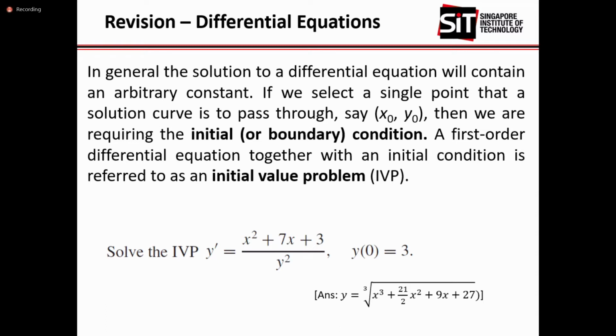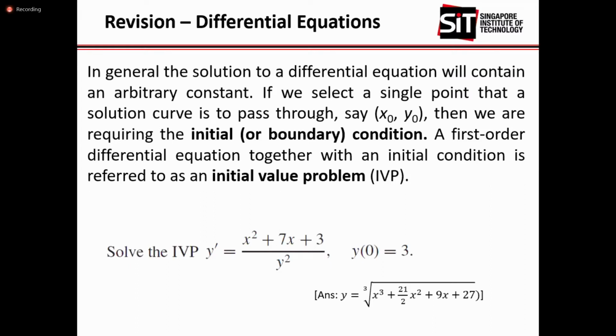Typically, the boundary conditions are determined at the start, and this is why they take the name of initial conditions. So we need to find the value of a certain function when the independent variable is equal to 0.